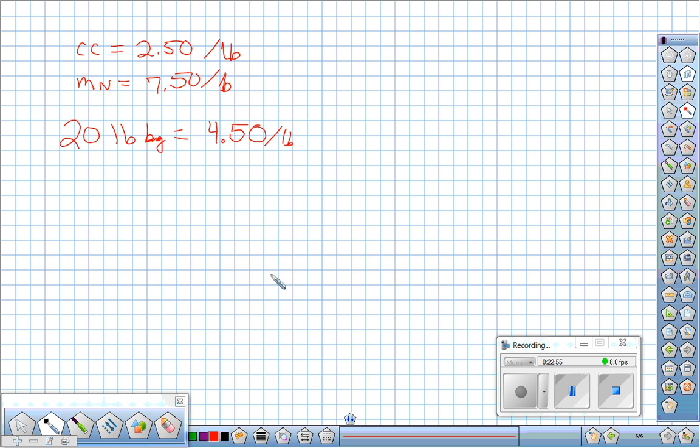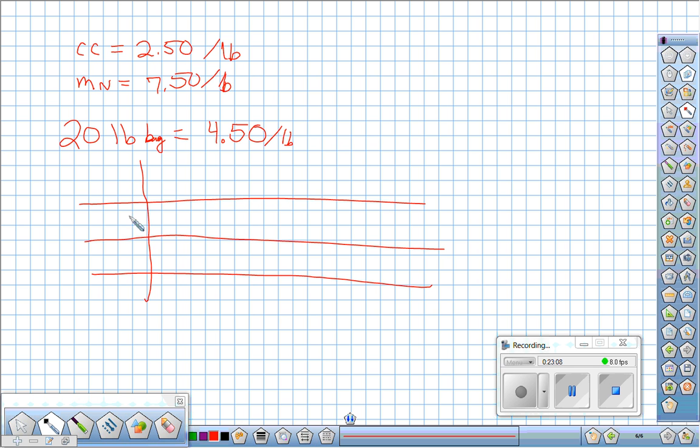What you're actually going to do each time, and it's hard sometimes to actually make yourself write it, and it makes it about 100 times easier if you actually write it. I'm going to make a little chart. It's going to have price per pound. I'm going to write dollar signs, so dollars per pound.